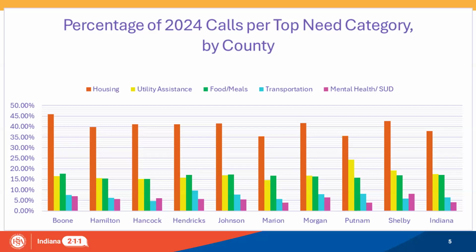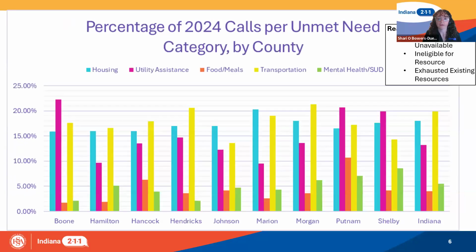Perfect. Thank you. And then here were the unmet needs, if that's maybe what they were referring to. For food and meals, we're looking at the orange bar here. And then again, as Jill mentioned, all of this data is on our dashboard as well, and we'll explain more about how to find that.